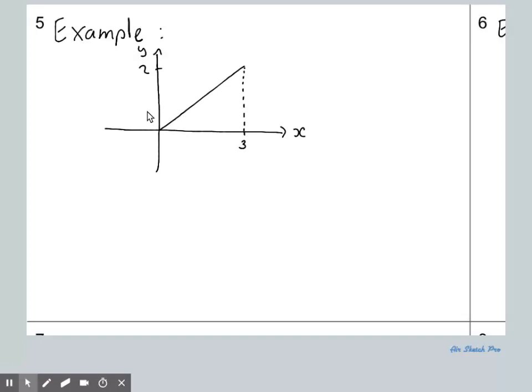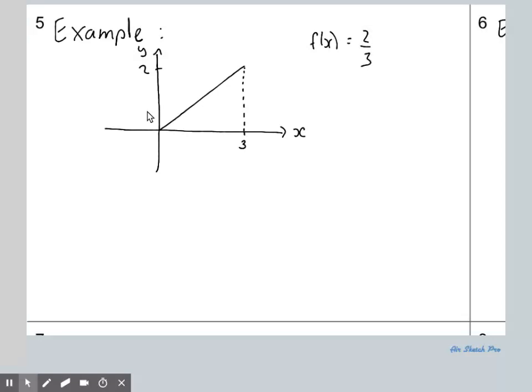So I'm going to use f of x notation. You could just have written y, that's fine. F of x is equal to mx, so I need m. Here, I can see at this point the graph has gone up 2 units at the same time as it's gone across 3. So the gradient is 2 over 3.